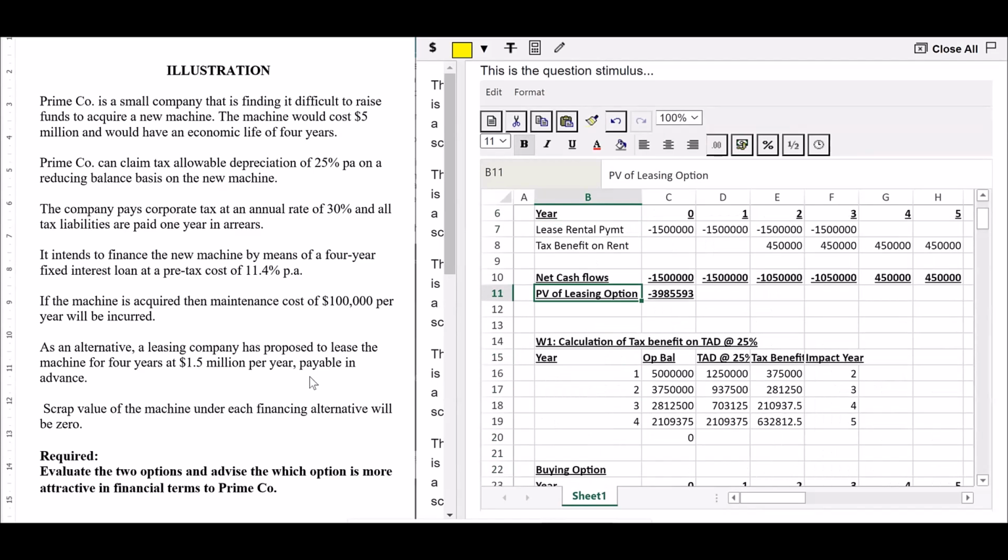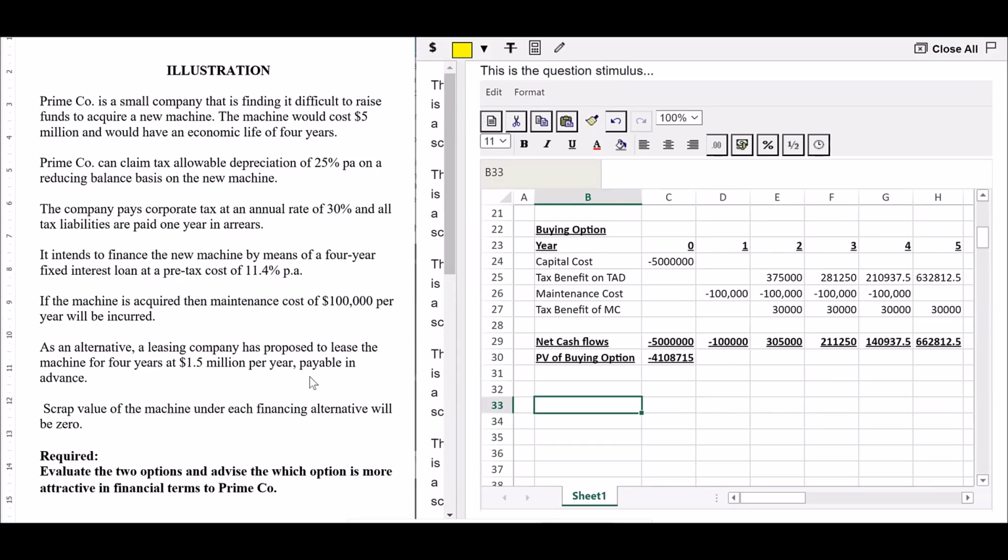Present value of leasing option is 3,985,593. Both of these are negative. Why they are negative? We shall go for the lowest cost. Both of these are cost. So present value of leasing option is lower than present value of buying option.